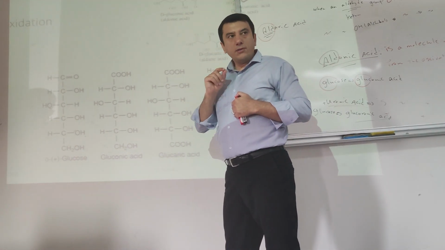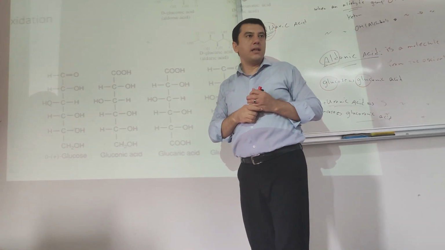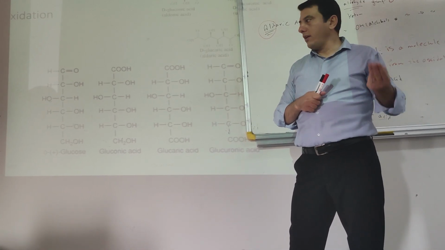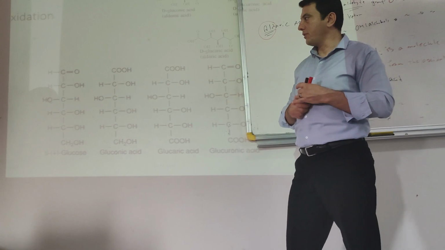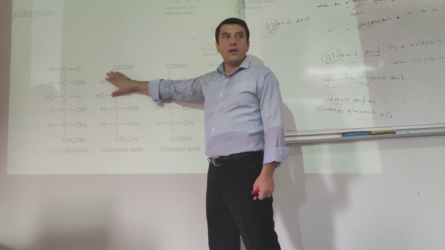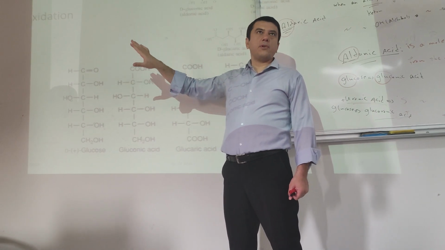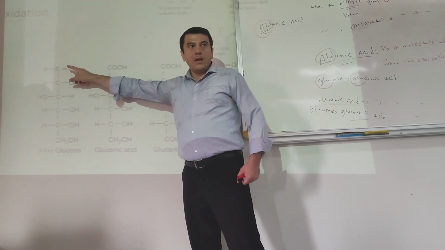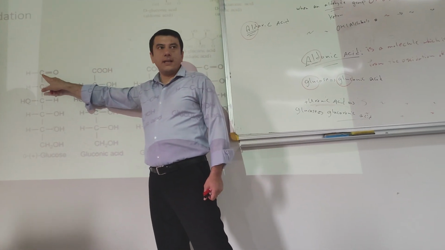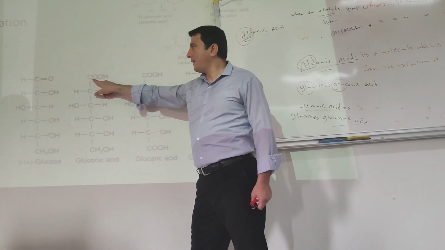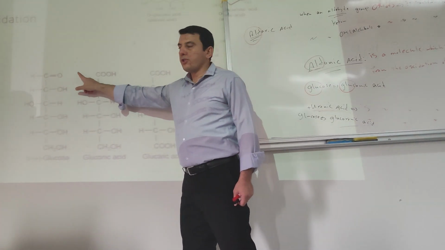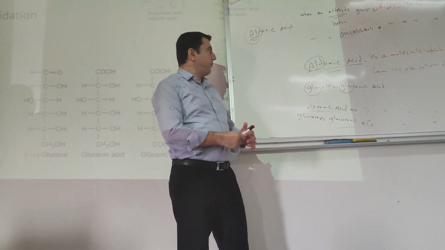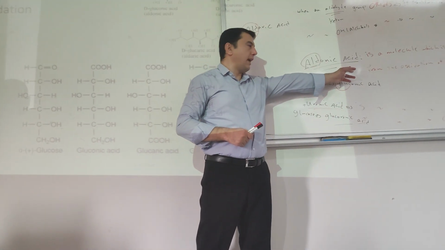So, in oxidation of monosaccharides, three different types of molecules are produced. The first one is oxidation of the first carbon, the anomeric or functional carbon, which is the aldehyde group. When the aldehyde group is oxidized, it changes to an acid. CHO changes to COOH. This type of molecule is named aldonic acid.